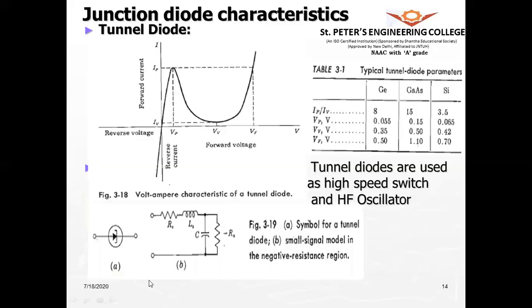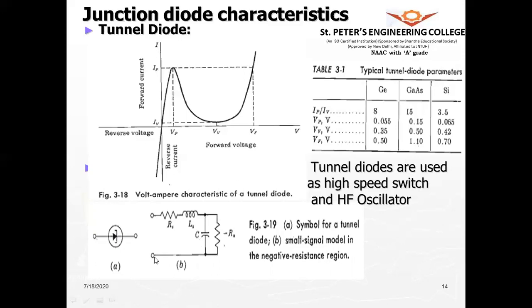Okay, so the tunnel diode symbol is shown here. The Z marks a Zener diode, but for a tunnel diode, it is marked as a T symbol.